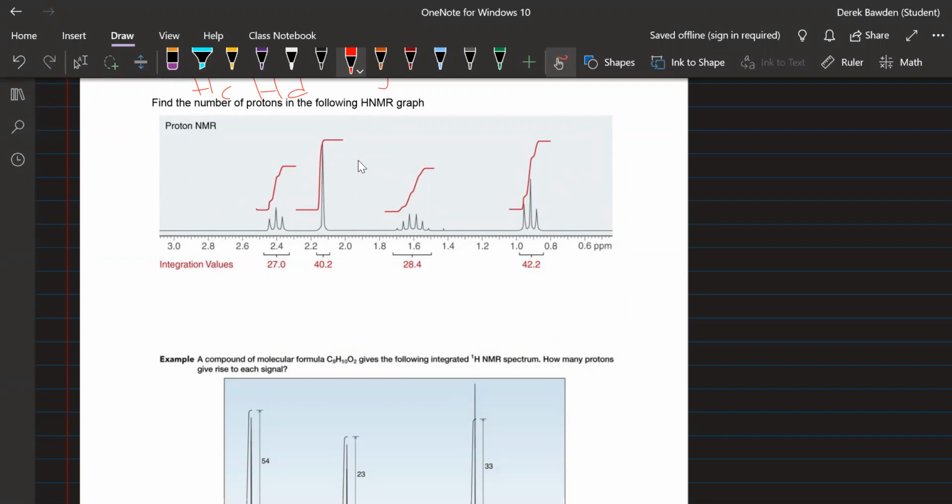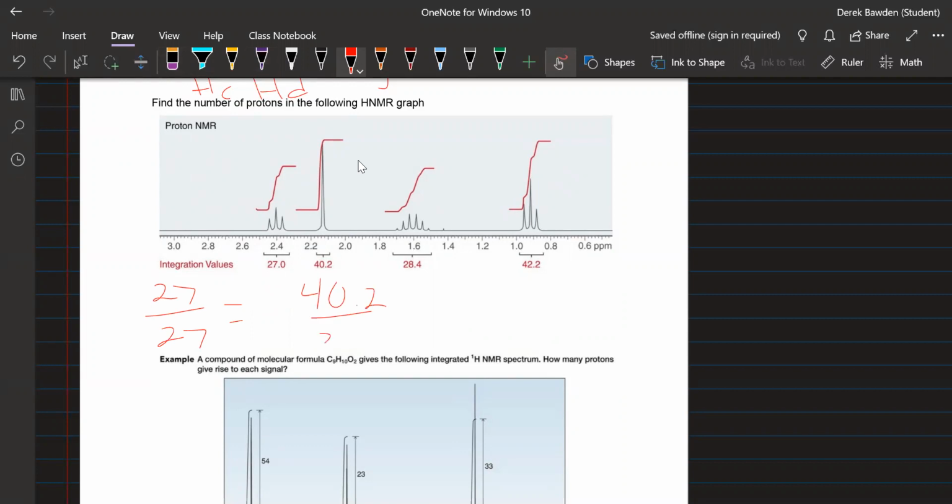So what you want to do is take the integral value, which is 27 for this first one, and divide it by the lowest number of all of the integral values, which in this case is the 27. And we're going to do the same thing for all of them. So let me start over here. 27 divided by 27.